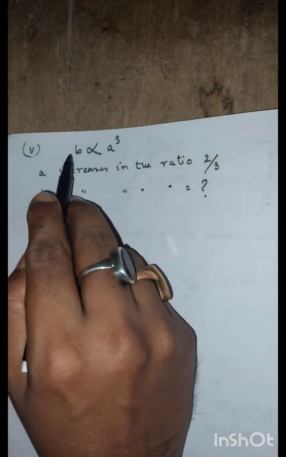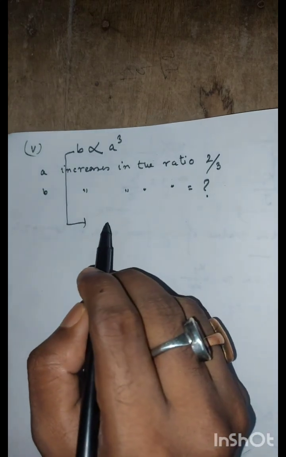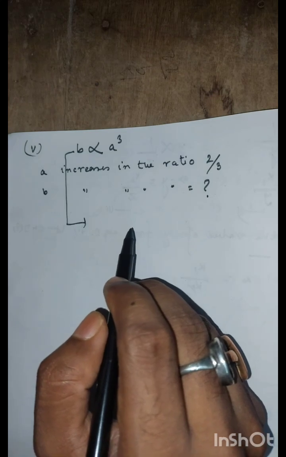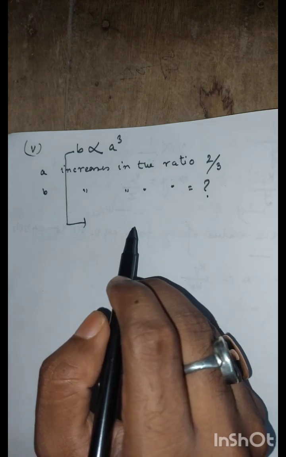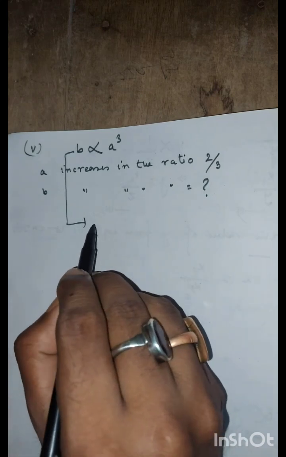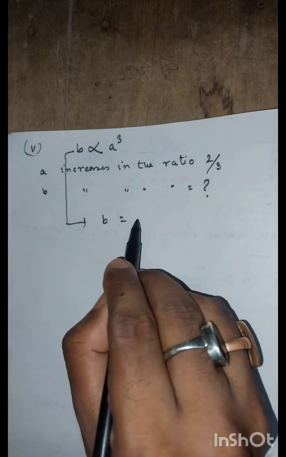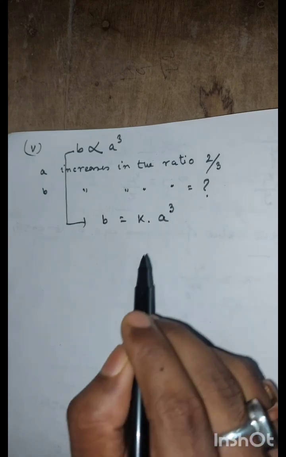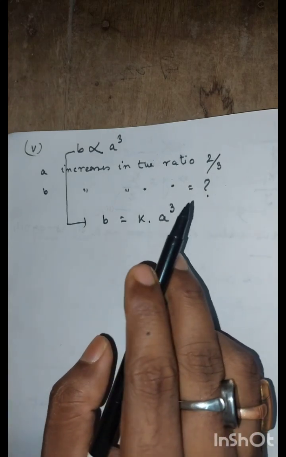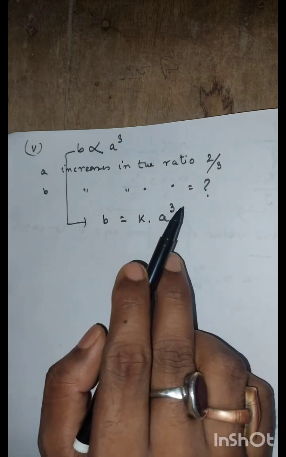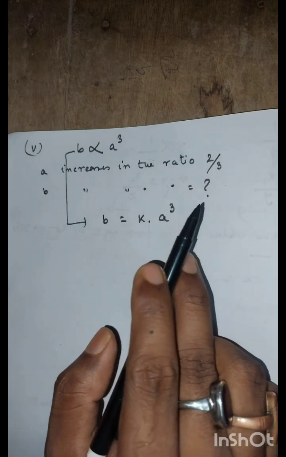Now from this relation we can write, now if we put a increases in the ratio 2/3, so what was a has now become 2/3 a.